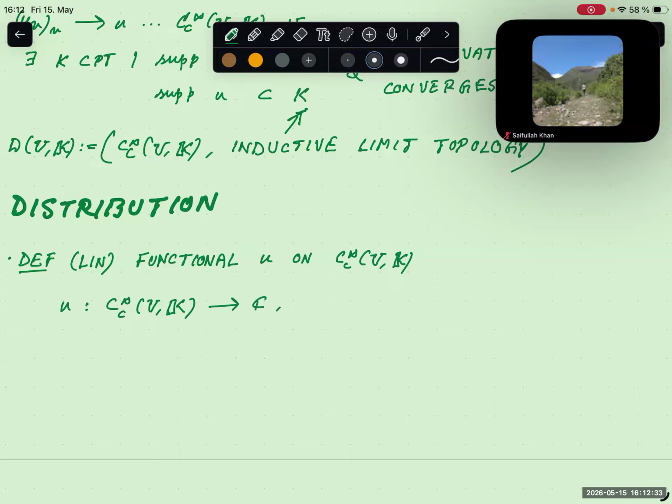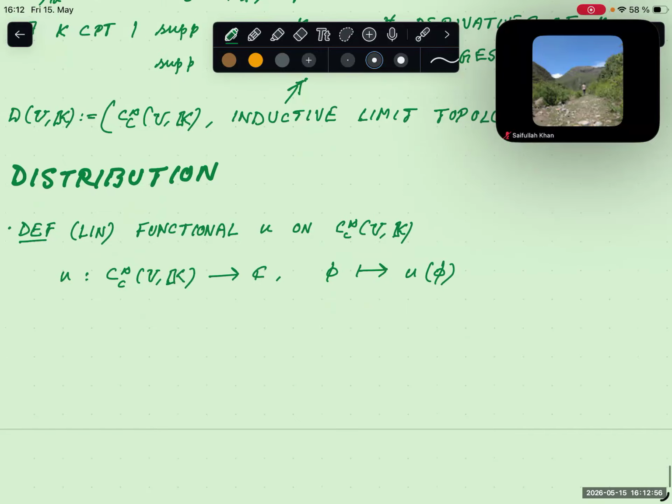I put phi and then u of phi. And it's linear, the usual thing about linearity. A functional on this is called a distribution.